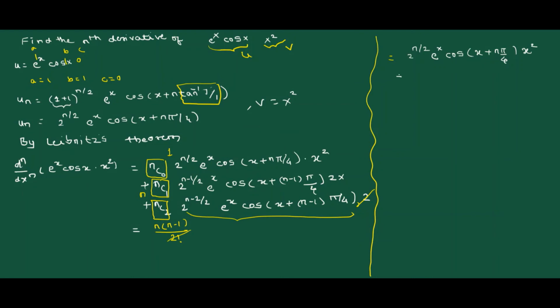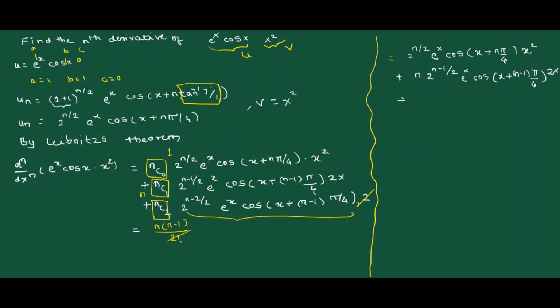Plus, in the second term nc1 value is n, so I will write n 2 raised to n minus 1 divided by 2 e raised to x cos x plus n minus 1 into pi by 4 into, at last you can write, 2x.